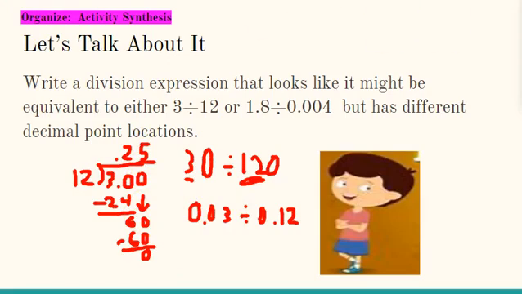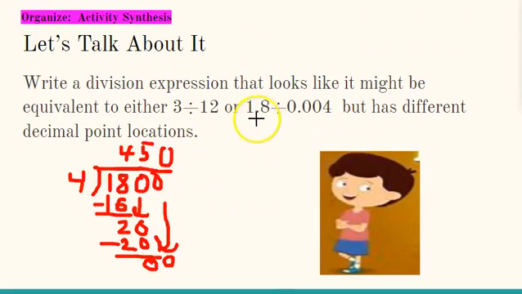Let's look at the other one. On this one, even though it is 1 8/10 divided by 4 thousandths, I went ahead and put them both as whole numbers. For me, it just makes more sense to make them both into whole numbers completely. But it still comes out the same.